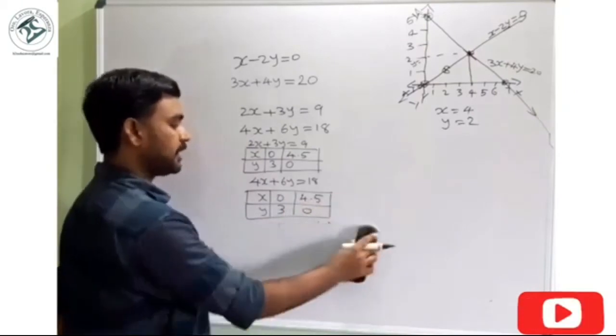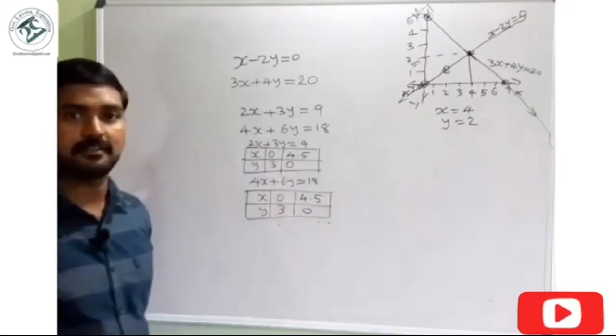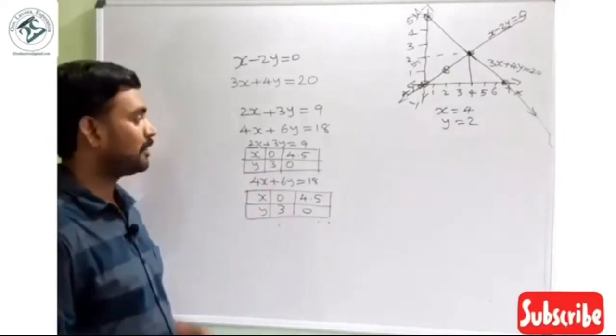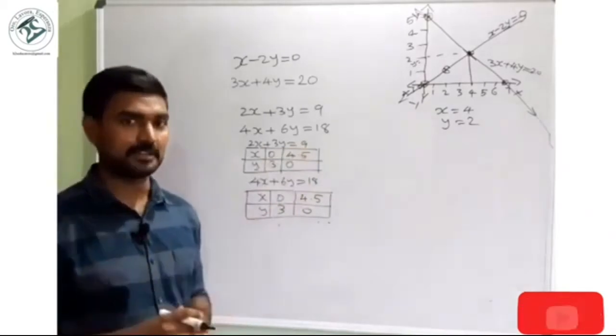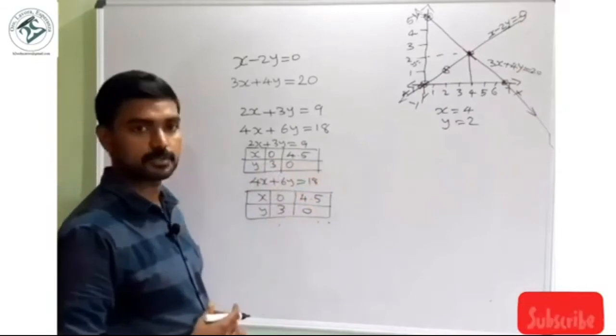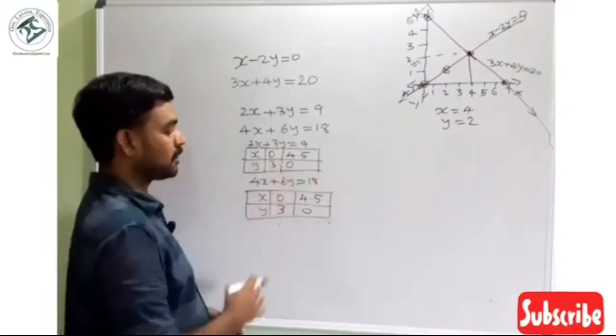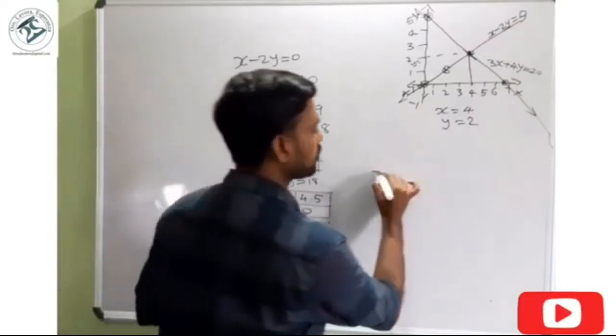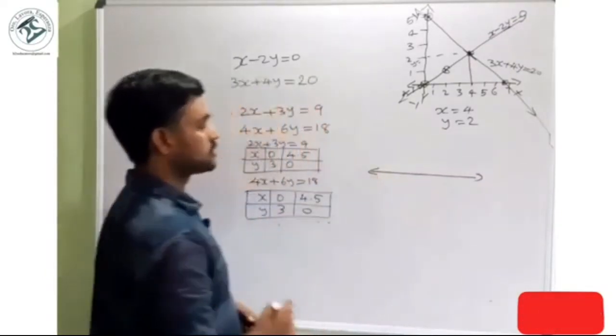Can you see any similarity in these two tables? Yes, both of the tables are the same. So when we plot on the graph, it will be the same line. So we can draw the graph. First we have to observe the smallest values and highest values. Here x smallest value 0, highest 4.5. So when we draw the x-axis, we want to include 4.5 and 0.